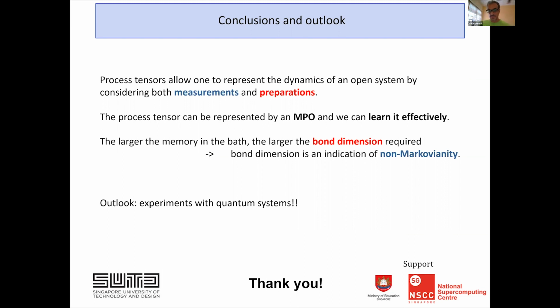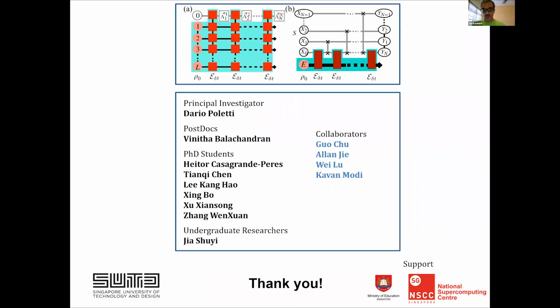Let's see what happens. For this, I would like to thank, very importantly, Kavan Modi, who is at Monash now. He used to be at CQT years ago. I know some of you know him. He is the one who had the idea of using the tools that we developed to learn the process tensors.